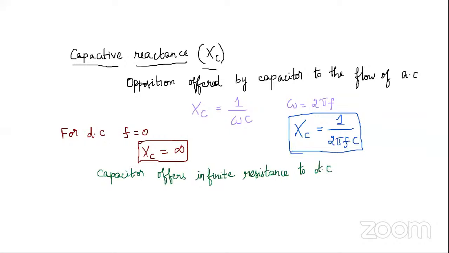This is the important result here, so you should understand this. A capacitor always blocks DC, or it offers infinite resistance to DC. The next condition is when your frequency tends to infinity. What will happen to this equation? Anything divided by infinity will be 0, so Xc will be equal to 0.